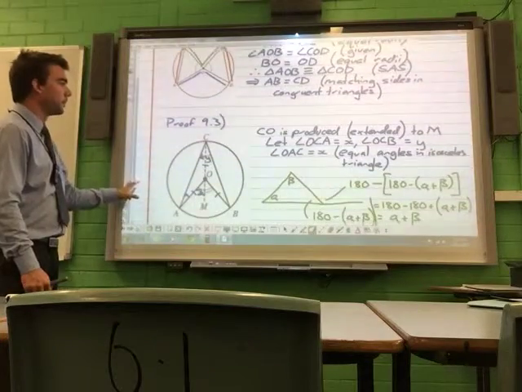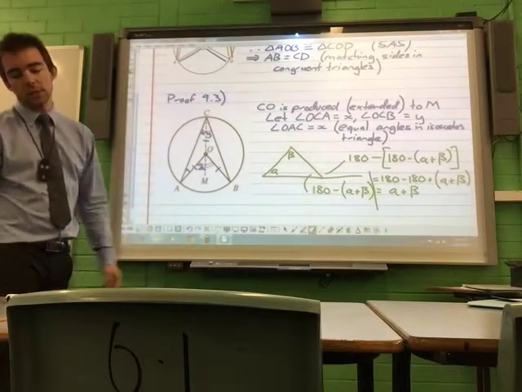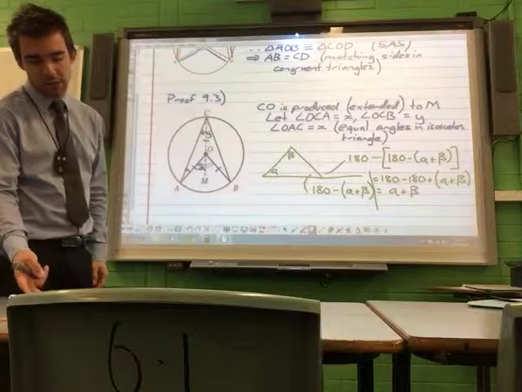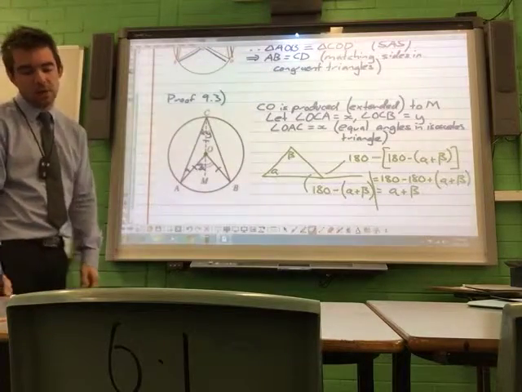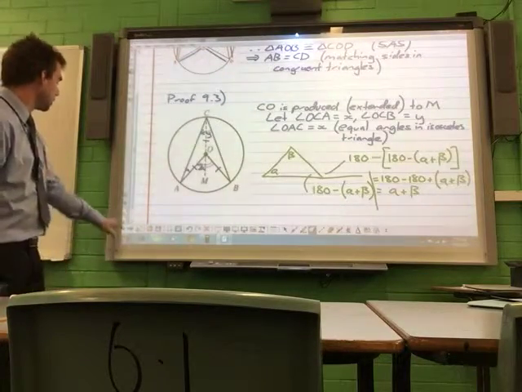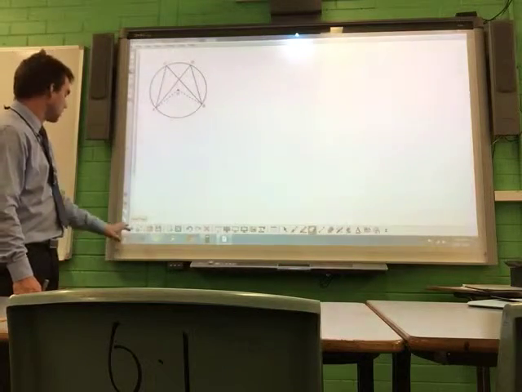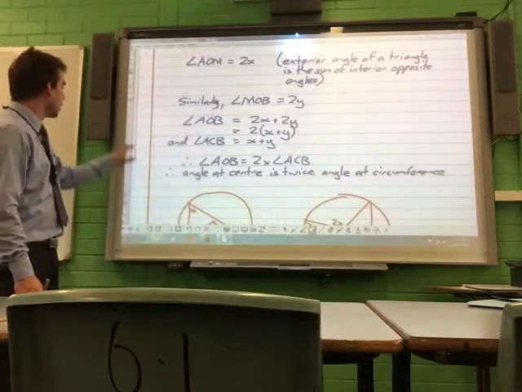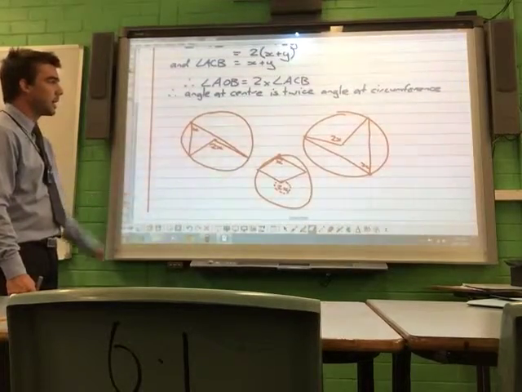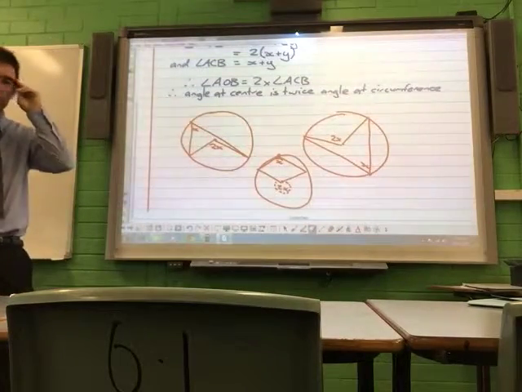Alright, third one. This is one of the more common ones, the property on page 3. The angle at the centre of the circle is twice the angle at the circumference. At the end of the last lesson I got you to draw some examples.